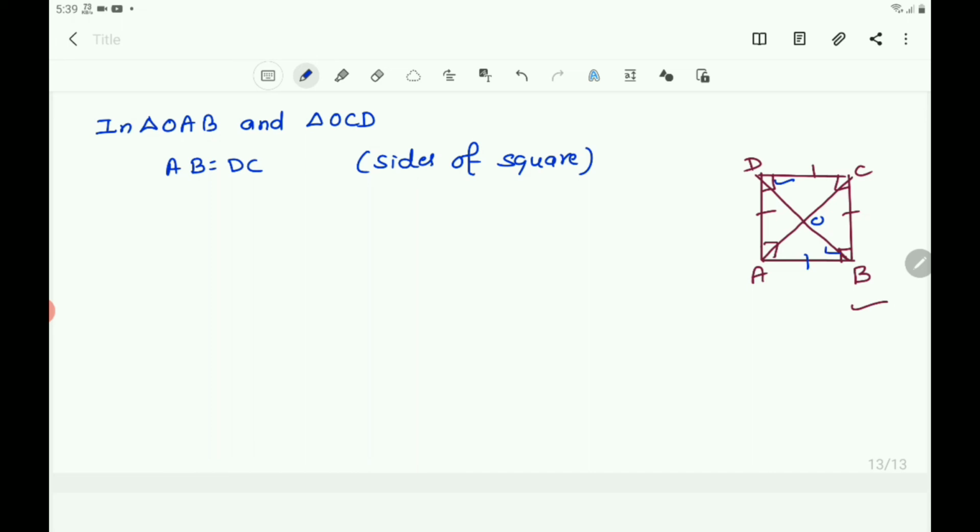And also you can write that angle ABO must be equal to angle ODC, and also angle OAB must be equal to angle OCD.